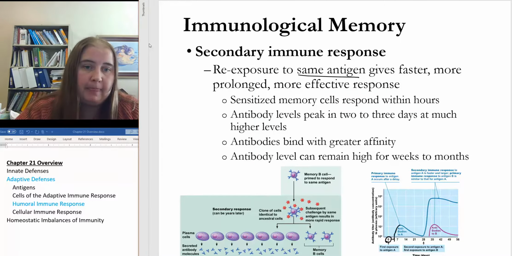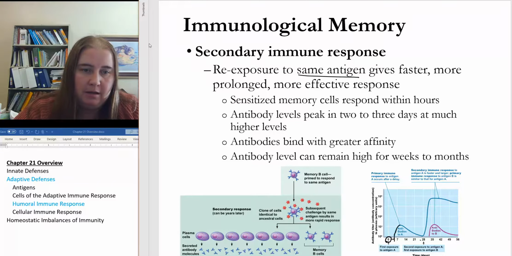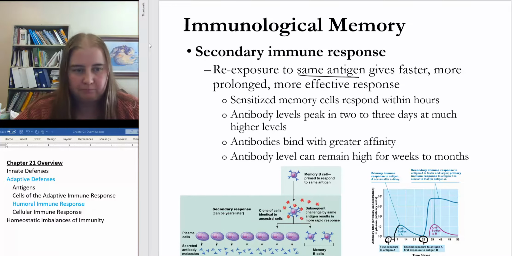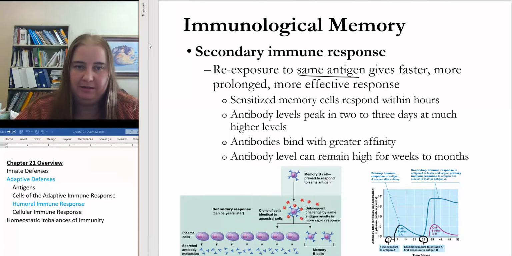Now, a year later, you're exposed to the exact same pathogen, and this is represented here by day 28. Now, unlike the first time you were exposed to it, the second time, you don't have to prime. Within hours, you're producing antibodies.